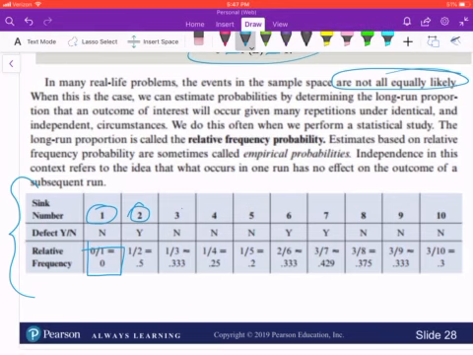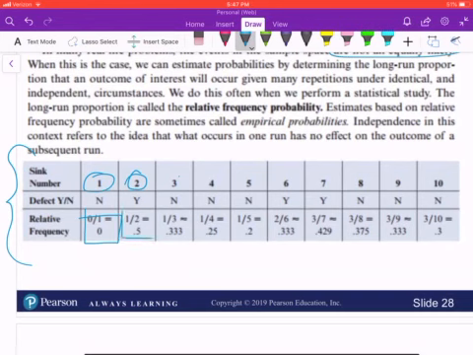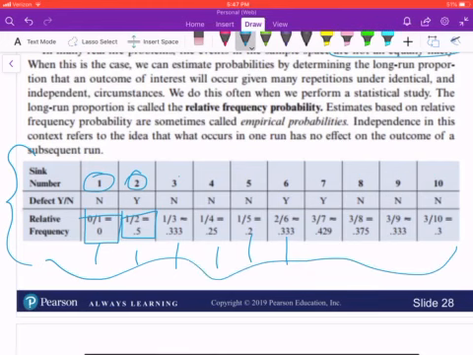Out of those trials, the frequency with which they were, I believe, going to break was fluctuating. You can see it goes from 0, 0.5, 0.33, 0.25, 0.2, and goes back up to 0.33. And for those types of probabilities, where the frequency is estimated, they're sometimes called empirical probabilities.